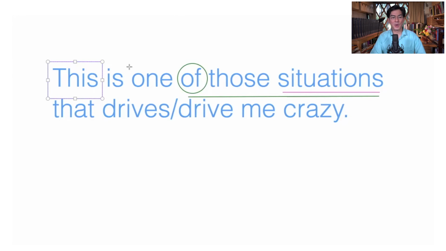This is one. And this one goes along with drive or drives. One that. And because one is singular, we have one that drives me crazy. This is one that drives me crazy.